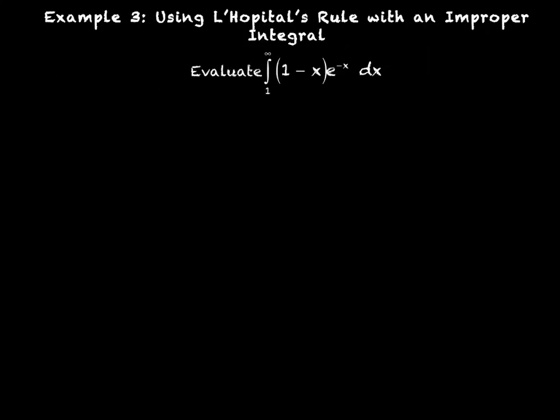All right, guys, this is an ugly problem. I'm just warning you ahead of time. This is a problem where we're going to have to use integration by parts and L'Hopital's rule with an improper integral. Ugh, man. Let's see if we can start by distributing the e to the negative x in here.